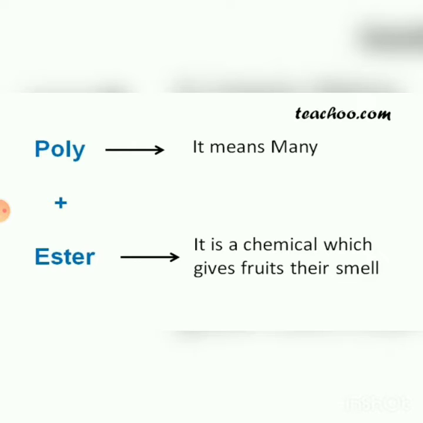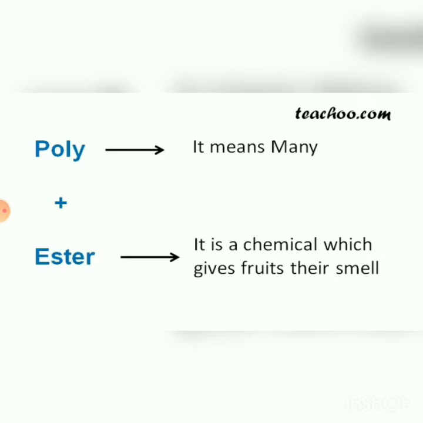The word polyester, children, can be split into two terms, poly plus ester. Poly means many, and ester is a chemical which gives fruits their particular smell.